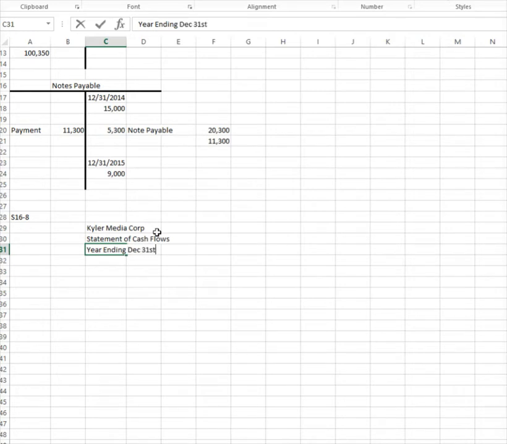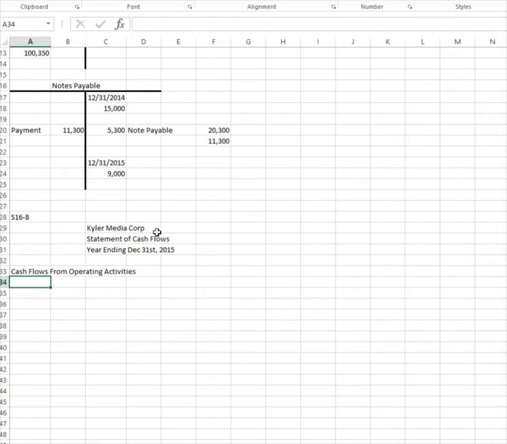December 31st, 2015. Okay. So we're going to start with, remember, for the statement of cash flows, we're basically looking at cash from operating activities, cash from investing activities, cash from financing activities. So cash flows from operating activities.